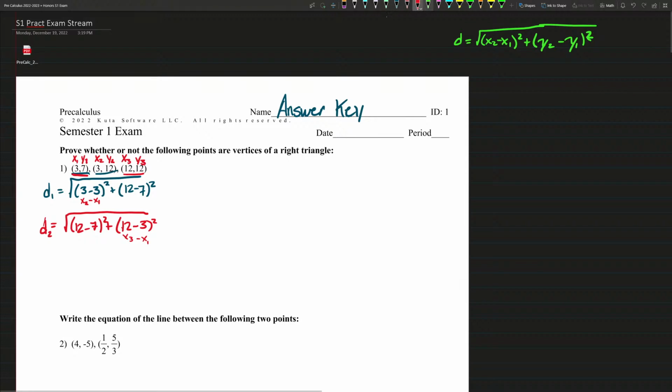All right, so x3 is 12. x2 is 3. y3 is 12. y2 is 12.